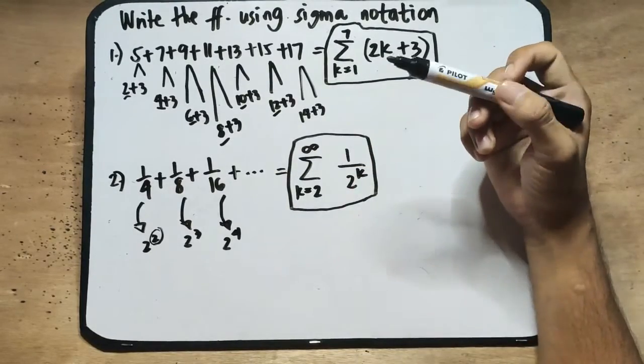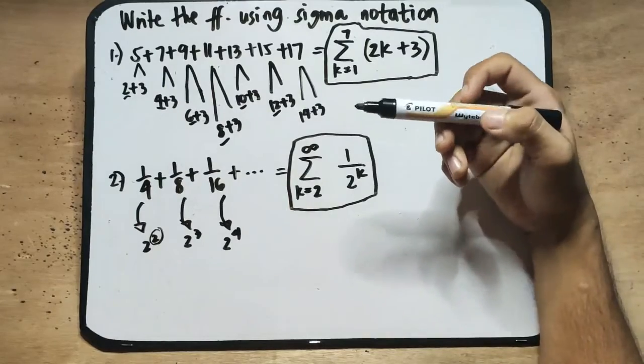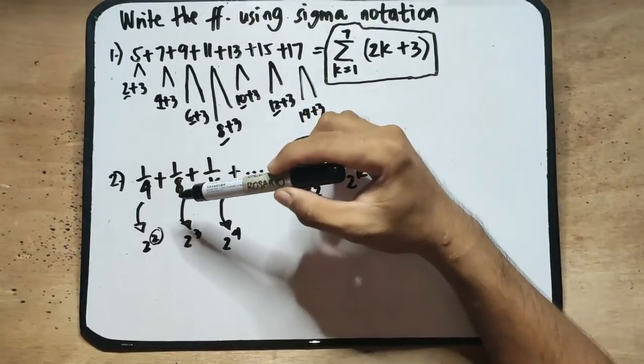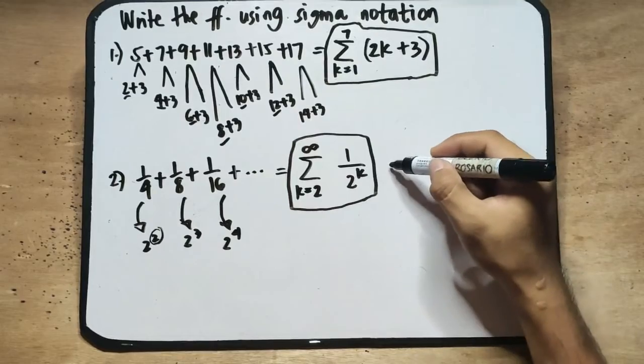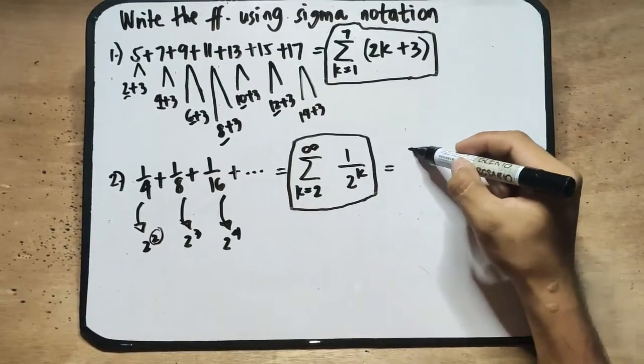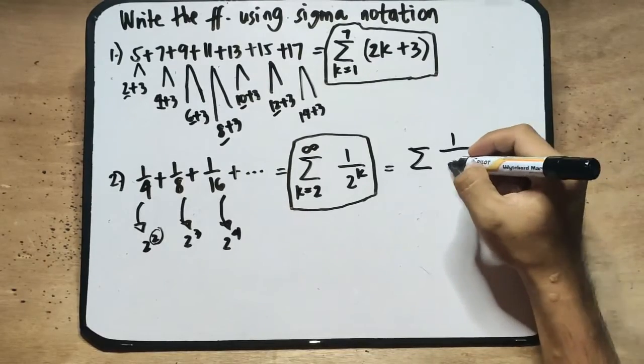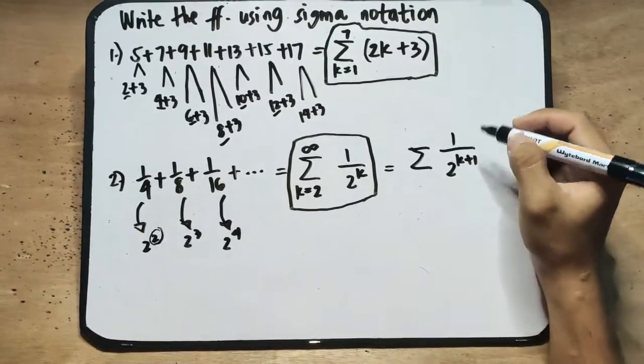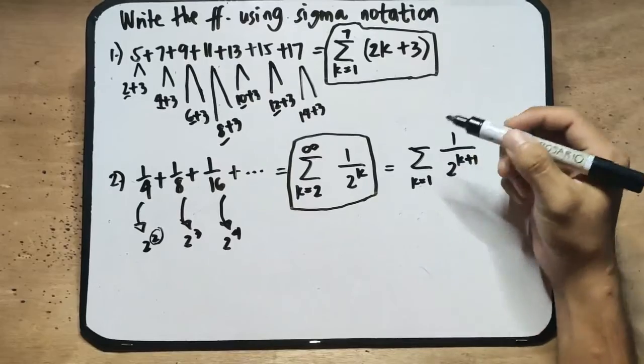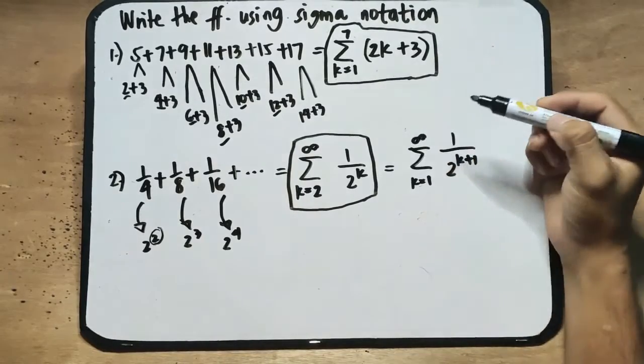So, kung makahanap pa tayo ng iba, much better. Like, for example, pwede nating i-write ito as the summation of 1 all over 2 raised to k plus 1 from 1 to infinity.